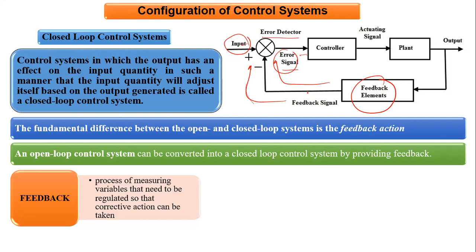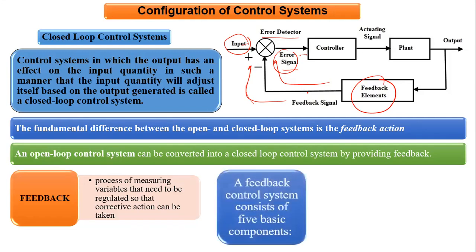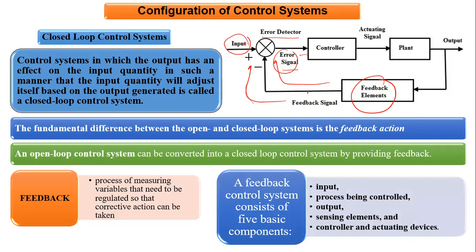Feedback is actually the process of measuring variables that need to be regulated so that corrective actions can be taken. So feedback is a provision or a mechanism which is provided in the closed loop control system. And there are five basic elements of a feedback control system.